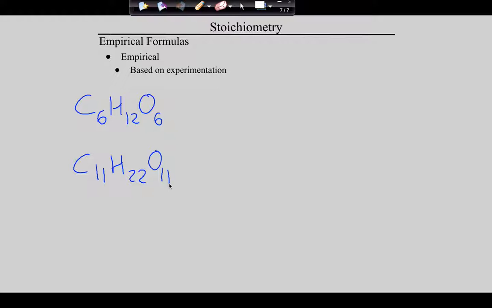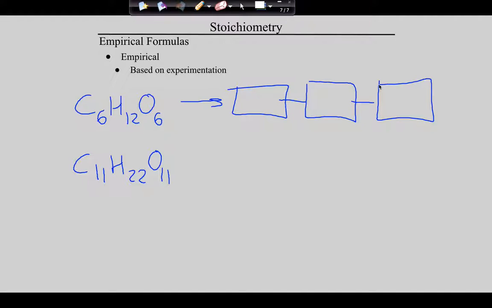You don't need to know the name. Here's what they do. They literally take these compounds like sugars and they rip them apart and then they pass them through a series of vessels that are called scrubbers. These scrubbers contain compounds that selectively trap different elements.